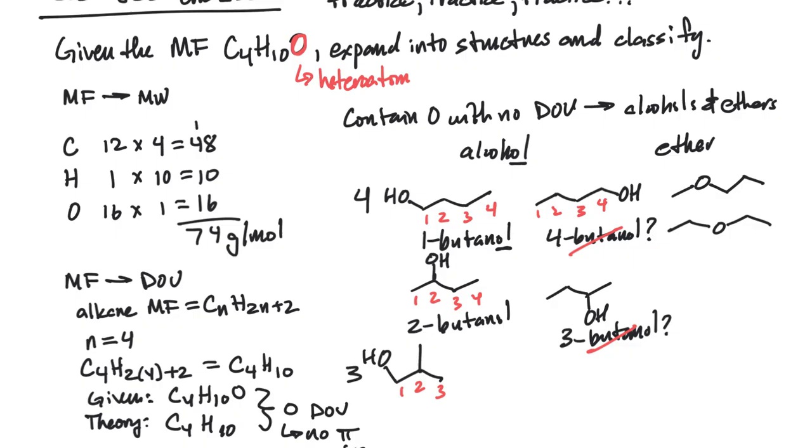And refining that, it'll be a propanol. And then we have this substituent here, which is 1 carbon or a methyl group. So we would name this 2-methyl-1-propanol.